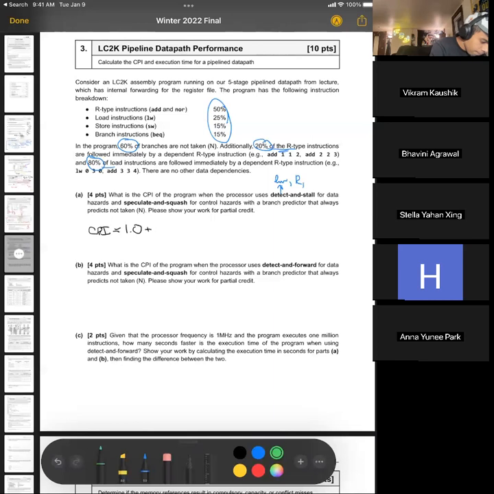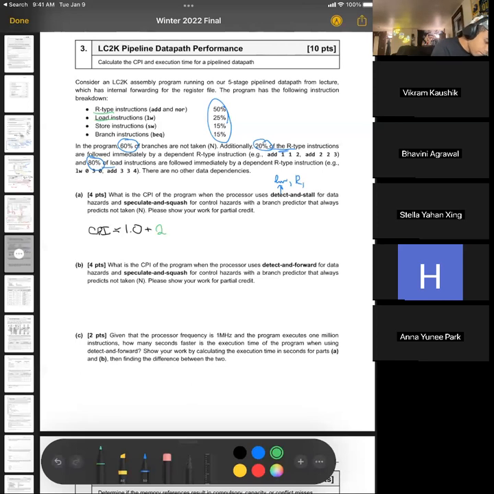Data hazards come from R-type and load instructions having dependent instructions after them. When we're using detect and stall, we insert 2 stalls or 2 no ops for every single data hazard. So the question here is, how many data hazards do we have?